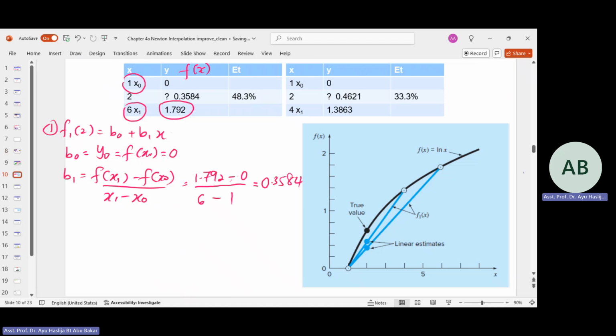Okay, so after you get all the values, substitute into the equation. B0, which is 0, plus B1 multiplied by, okay, this part remember, this is x minus x0. Okay, x is 2, x0 is 1.